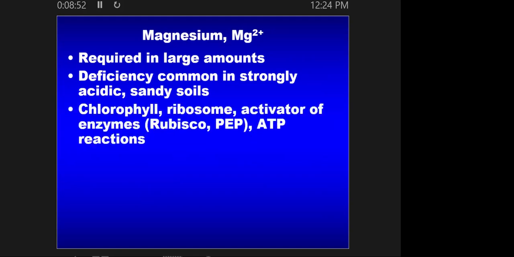It's super important because chlorophyll can't work without it. It needs magnesium. For ribosome function, it helps to be an activator. It activates enzymes, including two huge ones, rubisco, which is the most abundant protein on the face of the planet, and phosphoenolpyruvate carboxylase, which we'll talk more about. It helps with ATP.